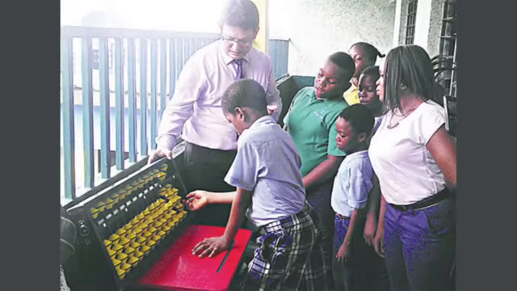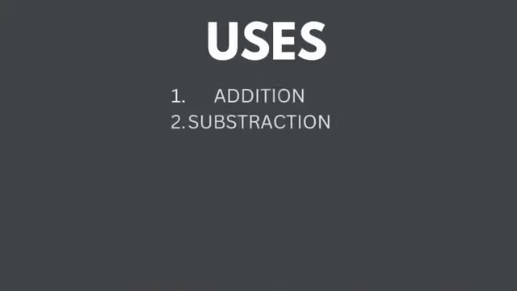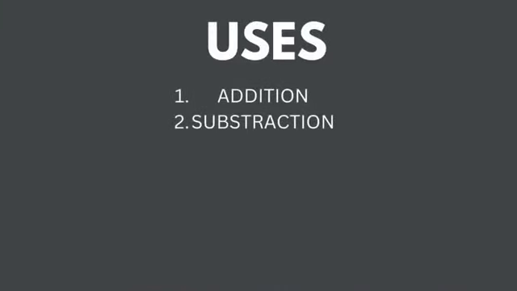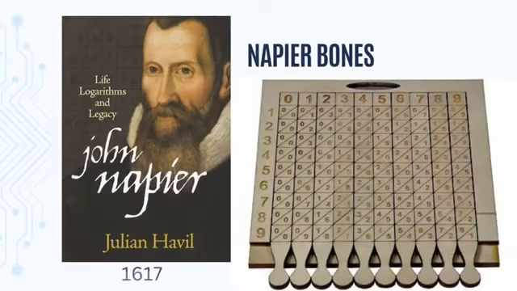Schools in those days made use of abacus in performing some problems, and a good example is they helped in addition and subtraction of numbers. This was the foundation of educational computation.